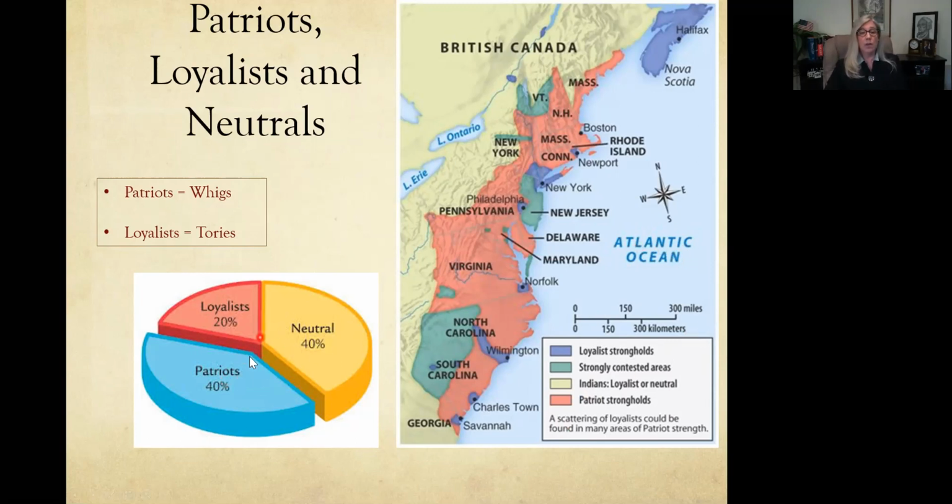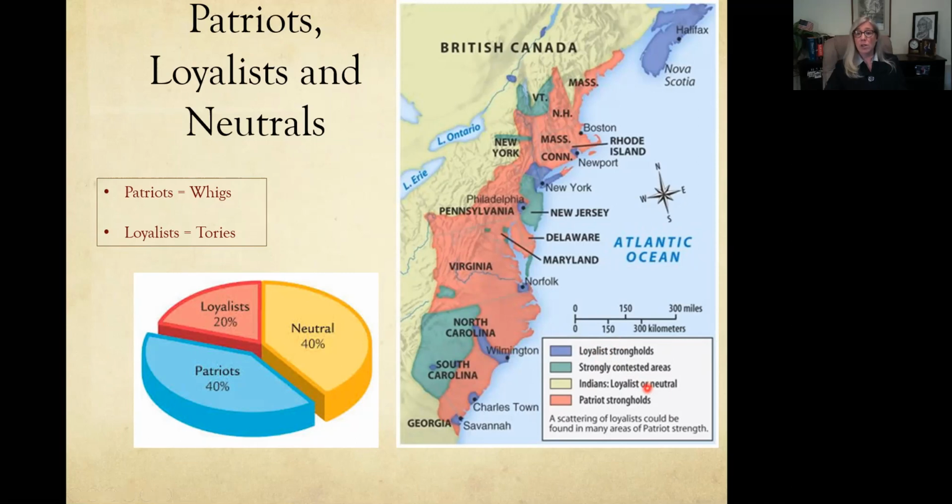Now, let's look at this breakdown. So ignore the colors on this chart. Look at the key here. The loyalists, where they were located primarily, would be in blue. Charleston, Savannah, Norfolk, Philadelphia, New York, Newport. Not Boston because of all the drama that's taken place there. Why would these locations have more people who are loyalists than others?